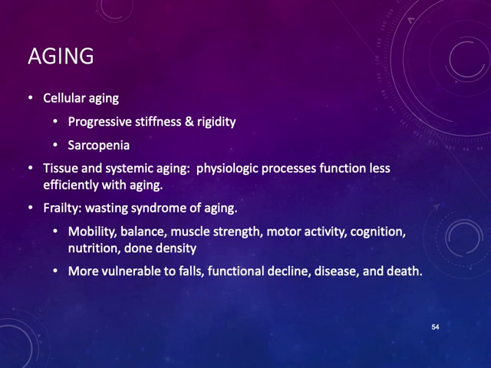Sarcopenia basically means that they have muscle wasting, or so their muscles may atrophy a little bit with it. So a lot of times too with aging, a lot of our physiologic processes decline and they're not as efficient as they are when you were really young. An example too, like, we always look at kidney functions in patients because it's important when we're treating patients with medications. You have to look at factors like that too.